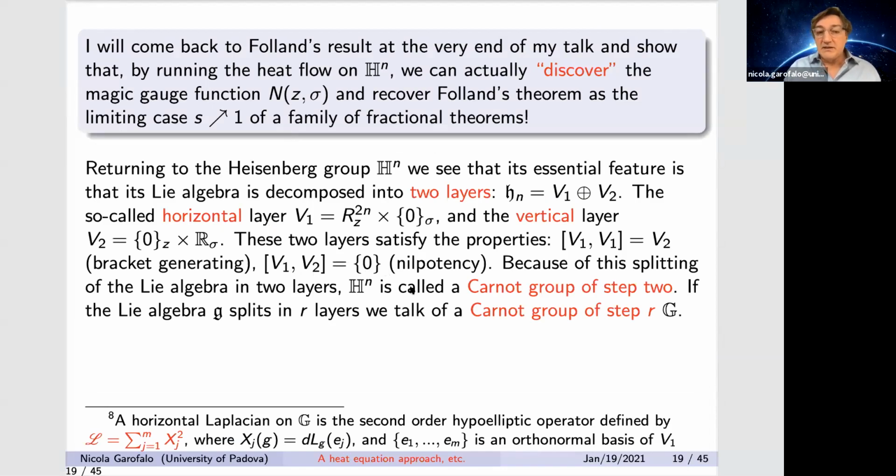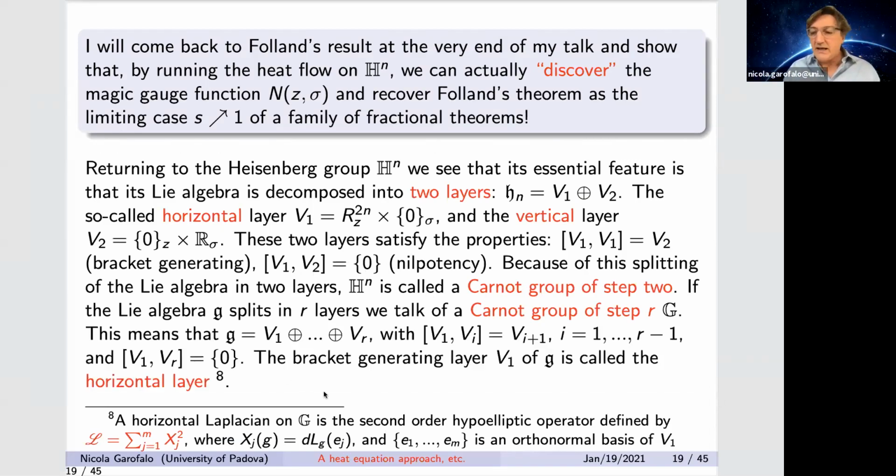Because of the splitting of the Lie algebra in 2 layers, Hn is in fact the quintessential prototype of a class of groups which are known nowadays as Carnot groups. And this is an example of a Carnot group of step 2, because the Lie algebra breaks into 2 layers. If you have a breaking of the Lie algebra into r layers, with the appropriate assumption that you keep generating the subsequent layer every time you bracket, up until a certain maximum number r, after which you have nilpotency, then this is called a Carnot group of step r.